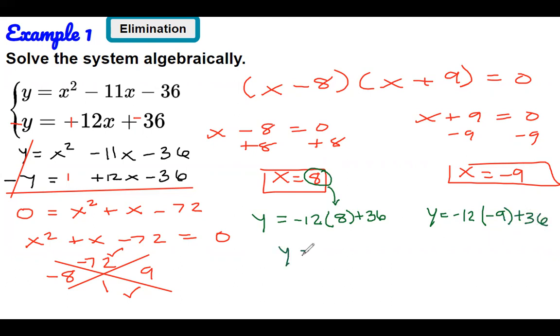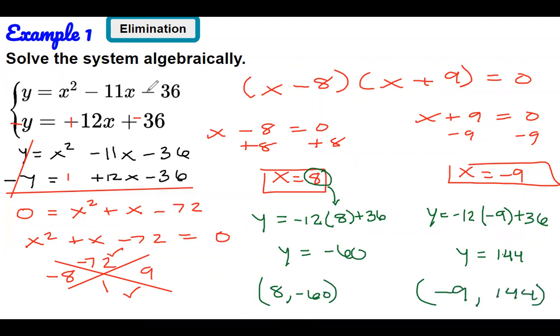What does the first one give us? -60. And the second one, y equals 144. How do I write my solutions in coordinate form? 8 and -60, and the second one, -9 and 144. Woo-hoo. And those are my solutions.